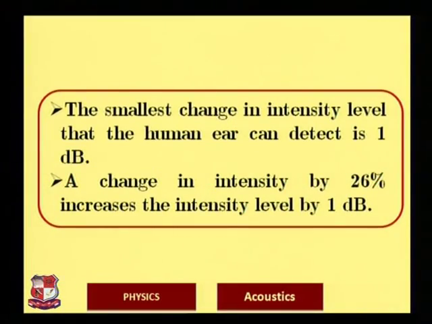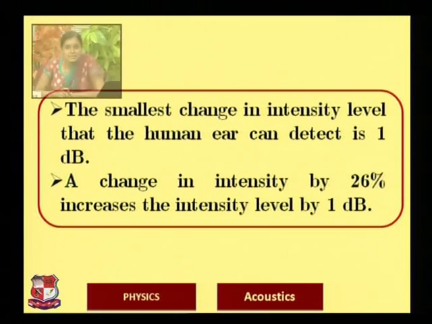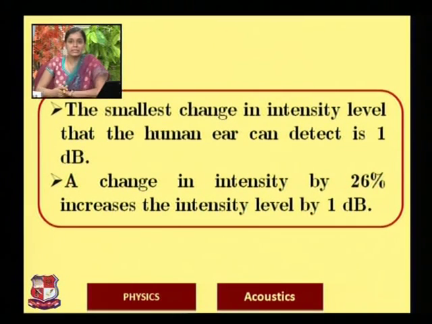Okay, one more physical fact about the intensity level or loudness level is that the smallest change in the intensity level that the human ear can detect is 1 dB. A change in intensity by 26% increases the intensity level by 1 decibel, and this can be proved through two cases.